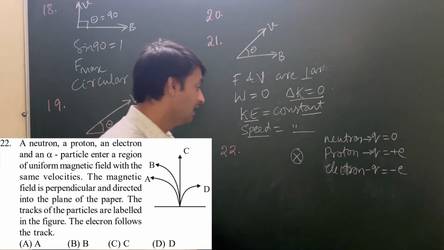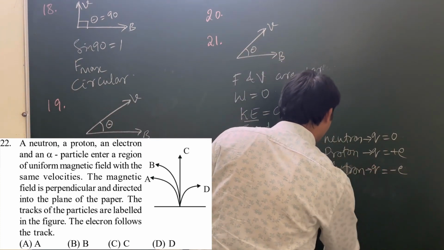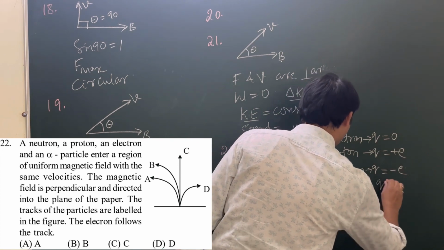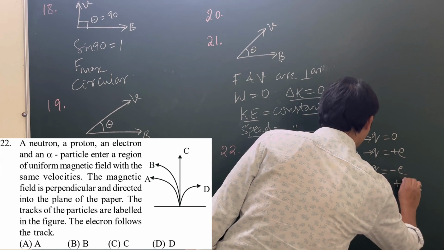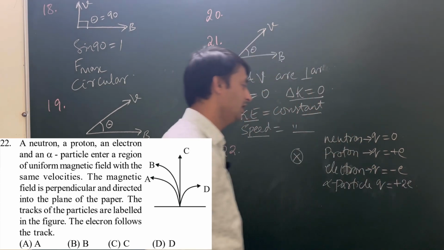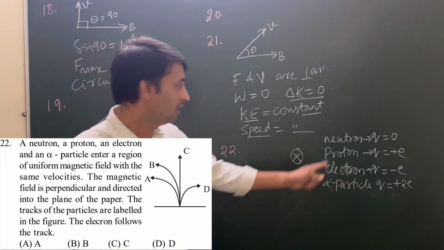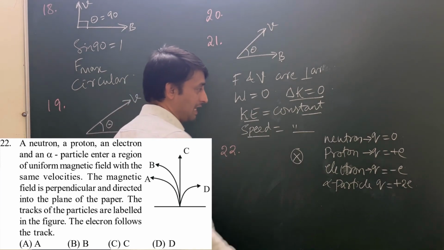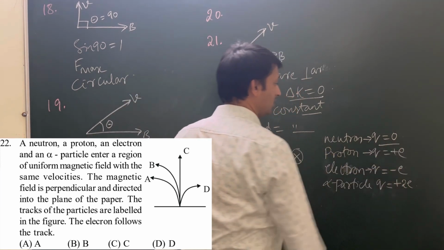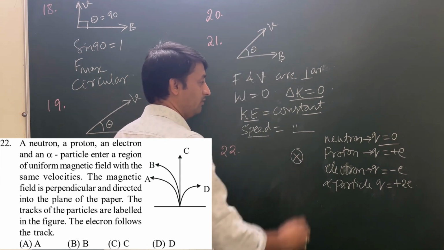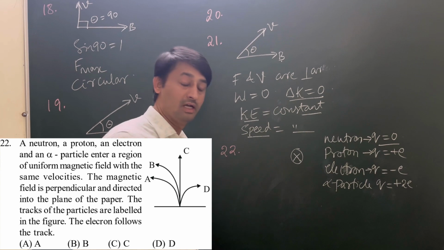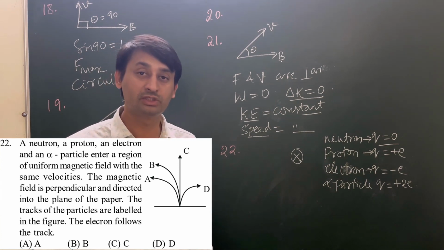Next is an alpha particle. The charge of the alpha particle is equal to plus 2e. These four particles are given. When the charge of the particle is equal to 0, the magnetic field will not exert any force. So it will continue to move along the straight line.